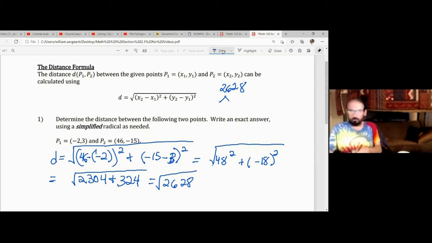But that result is going to be even as well. So I want to see what's the largest power of 2 that I could divide by. If I divide it by 4, I get 657. That's not even.